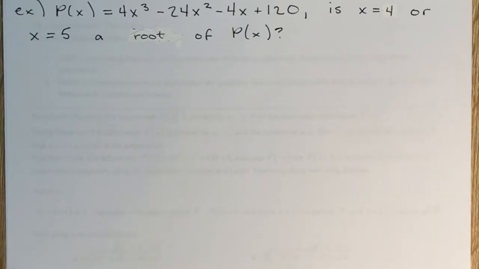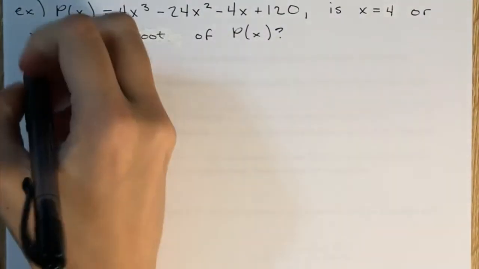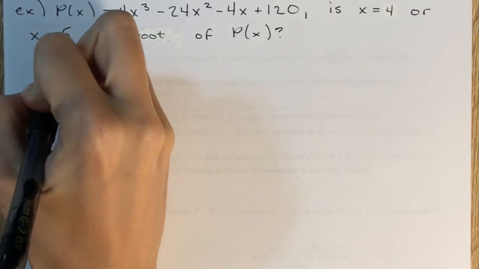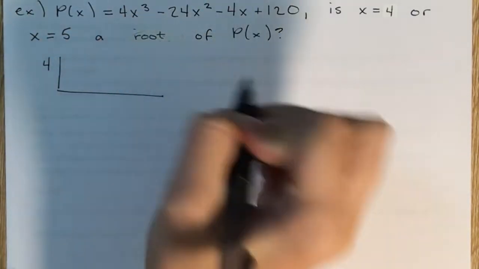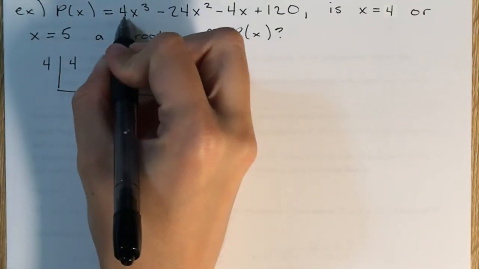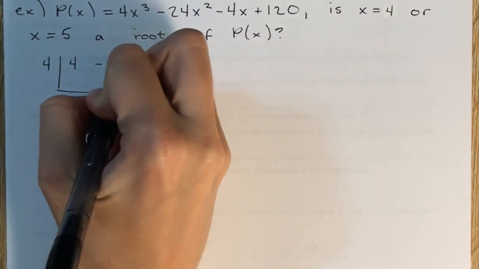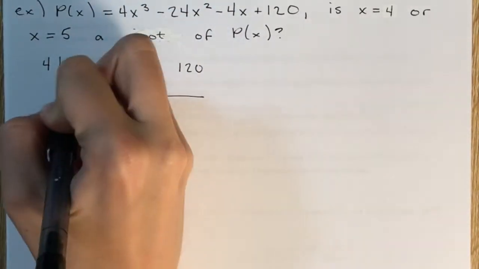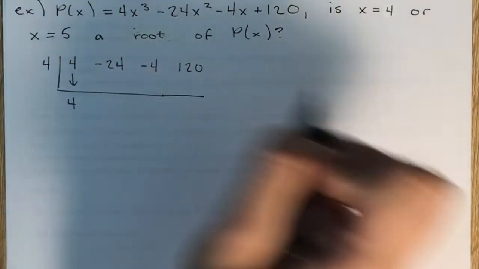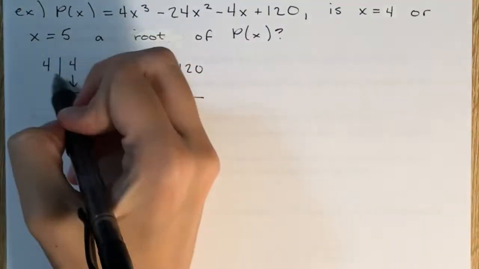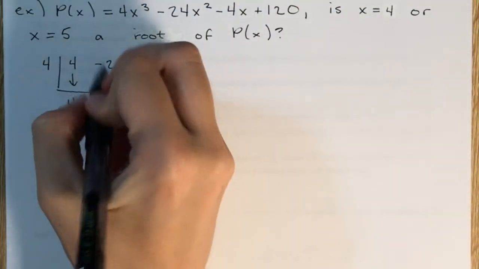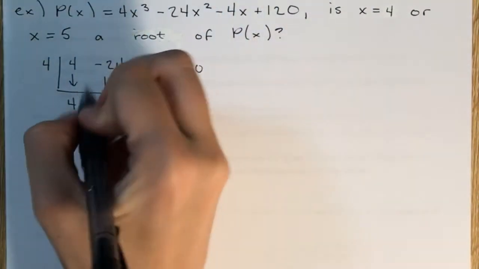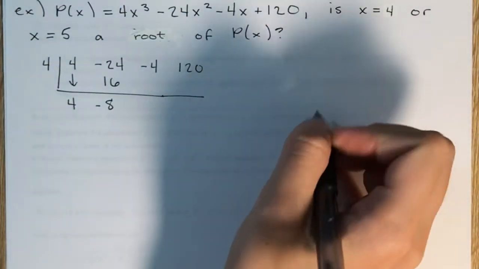Well, let's see. So let's do each of these using synthetic division. So we start out with 4. We line up the coefficients, so we have 4, negative 24, negative 4, and 120. We start out by bringing the leading coefficient down. We multiply. We get 16. Negative 24 plus 16 is negative 8.